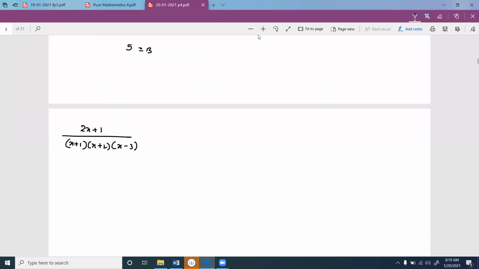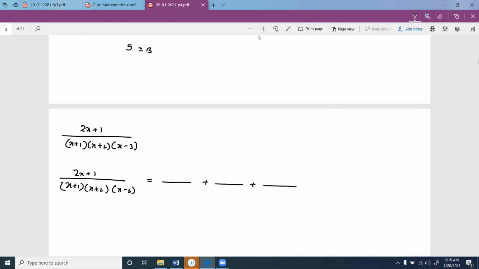So how do you do this question? You can say 2x plus 1 over x plus 1, x plus 2, x minus 3. You have to split into how many fractions? There are 3 divisions, so you can write 3 of them.